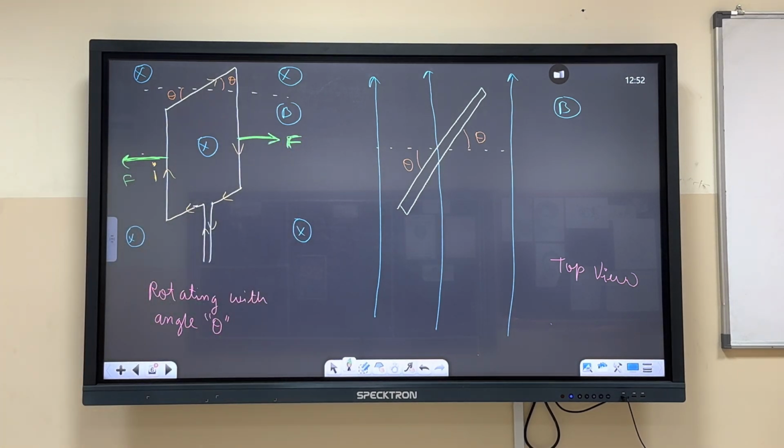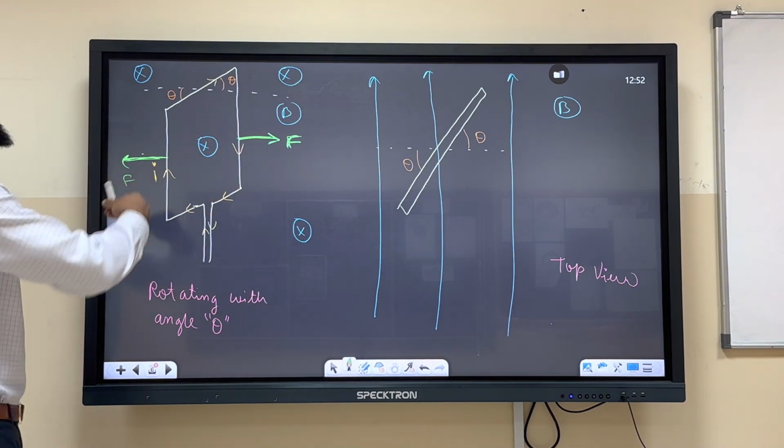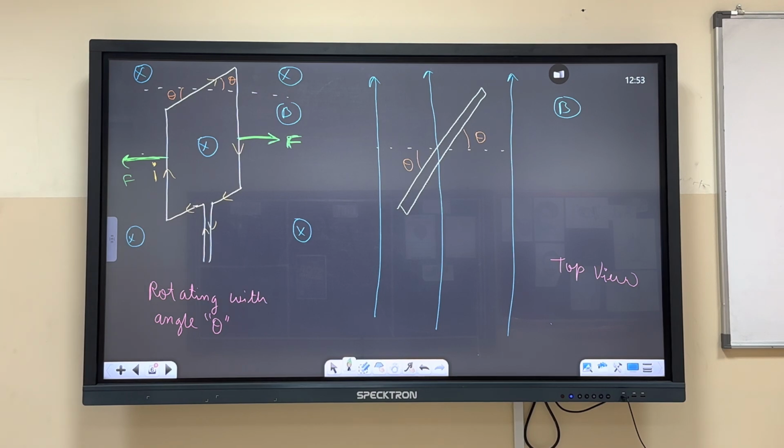You can say this force and this force are equal and opposite to each other, so F net will again be 0.